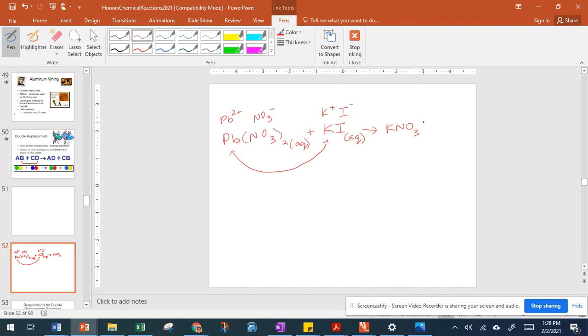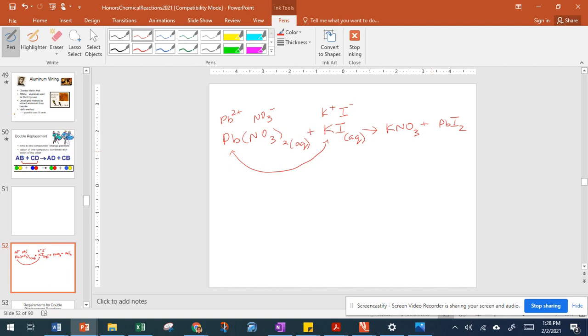So our other product would be lead 2 iodide. Those are our products. In a future class, we'll go over how you would figure out which of those are aqueous or not, using something called our solubility table.